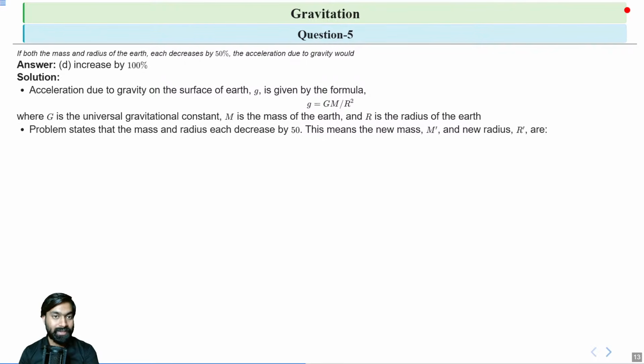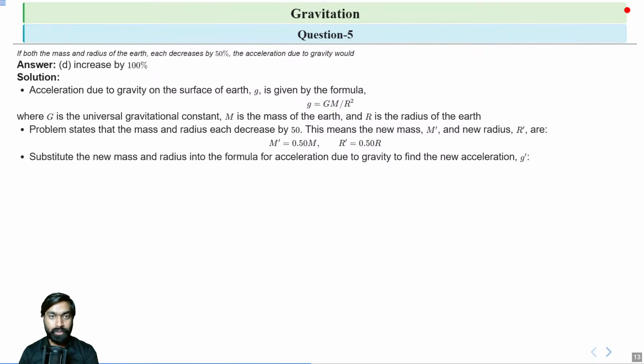The problem states that the mass and radius are decreased by 50%. This means the new mass M prime and new radius R prime will be M prime equal to 0.50 M and R prime equal to 0.50 R. So substitute the new mass and new radius into the formula for the acceleration due to gravity and we will get the new acceleration, that is g prime.